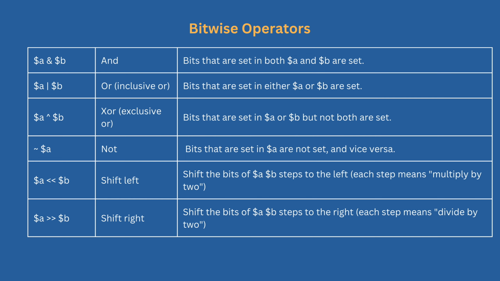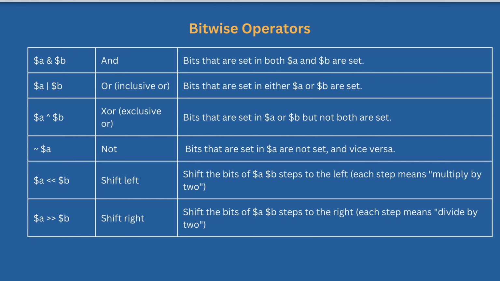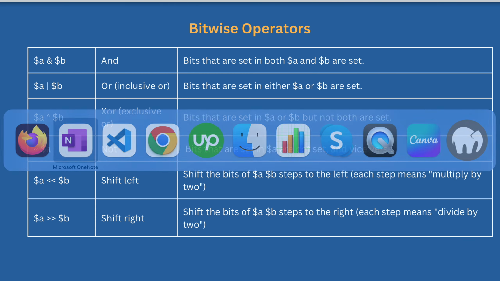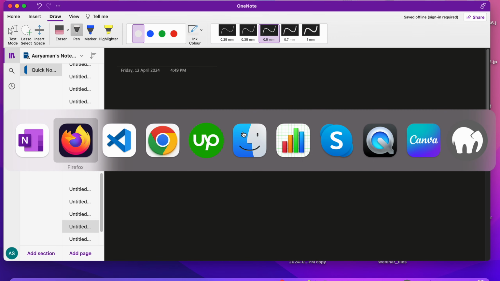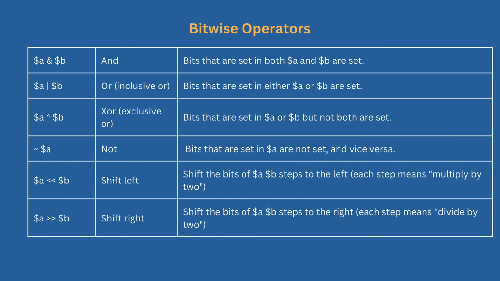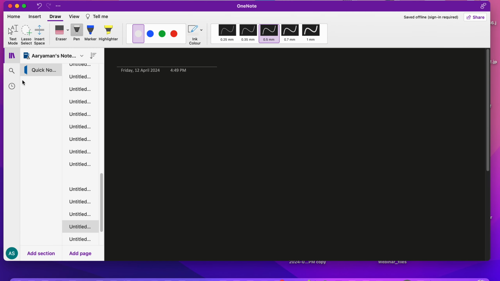Okay, great. So we are here, and first is A and B, bitwise operator.